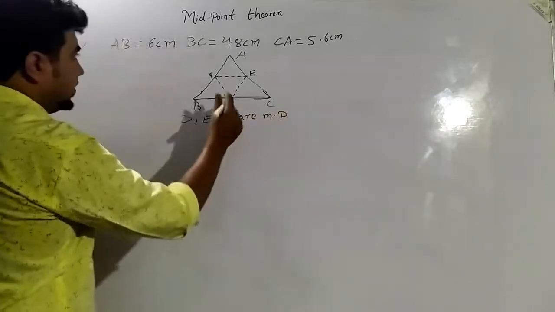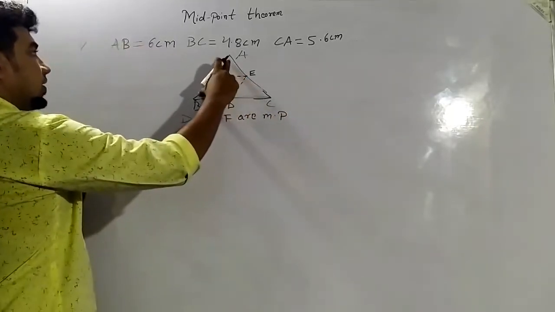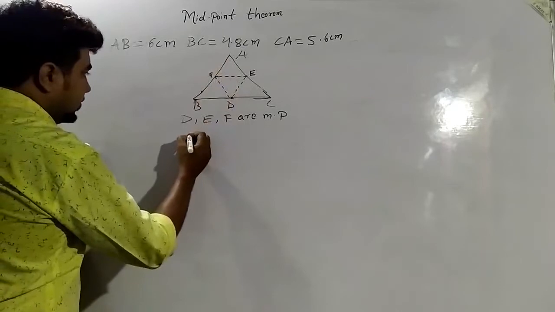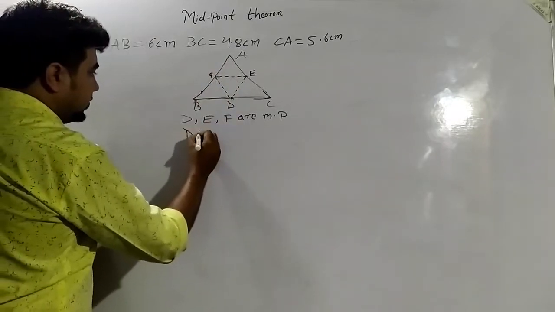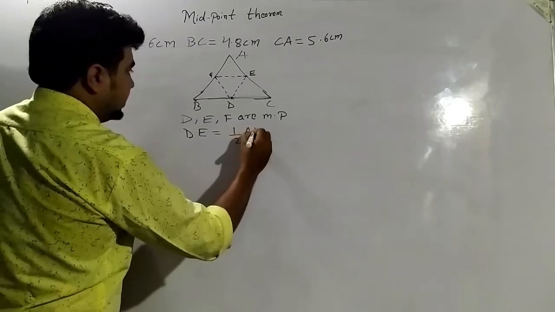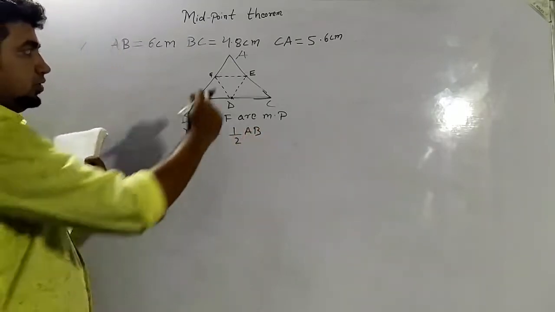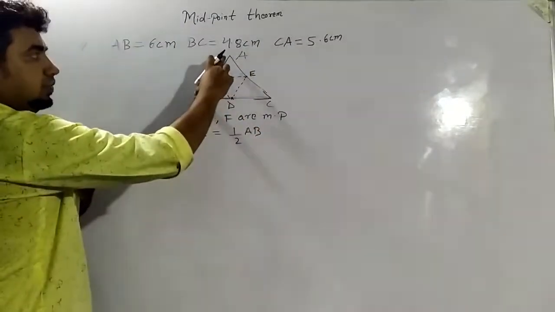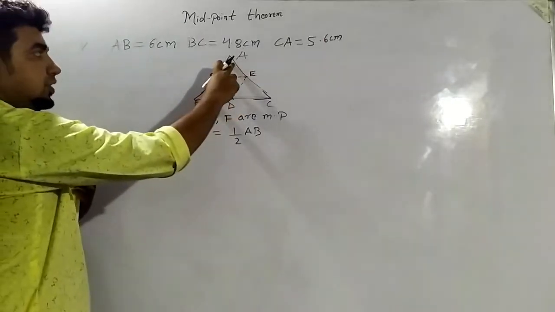So from here we'll be getting that DE will be half of AB. So we can get from here DE will be half of AB. One thing we can get, because these are midpoints of the triangle, so this will be half of base AB.